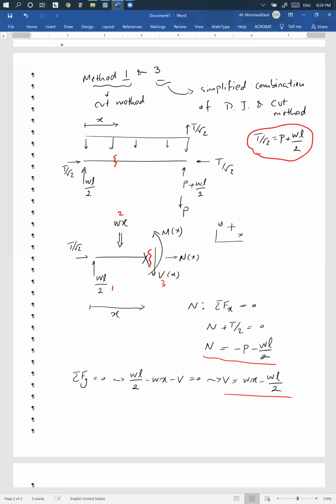Writing the equilibrium is just routine, exactly the same as we used for calculating the reactions. So let me integrate. The integral of V is Wx squared over 2 minus WLx over 2 plus C1.